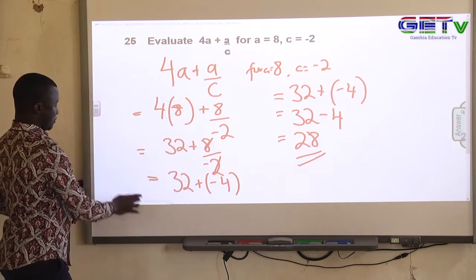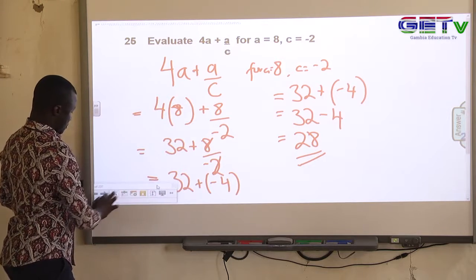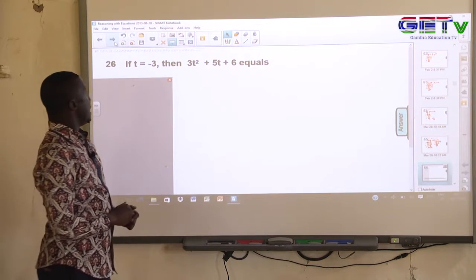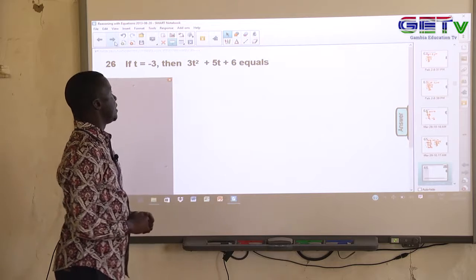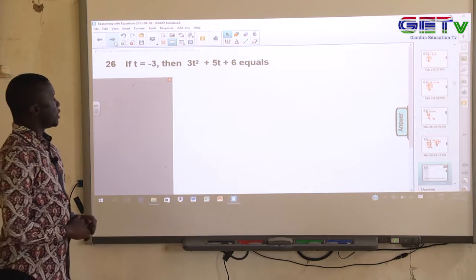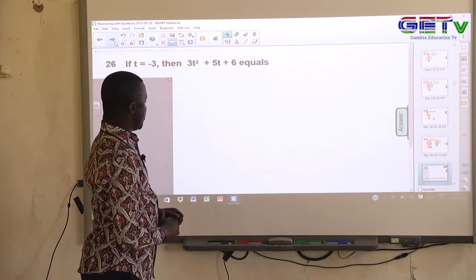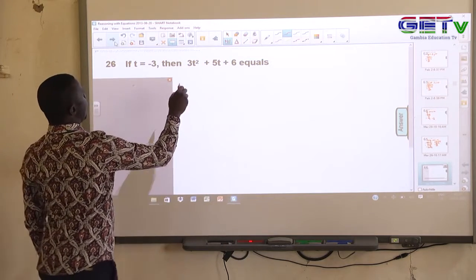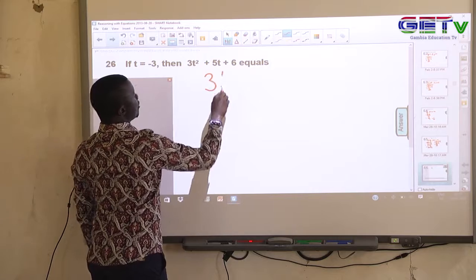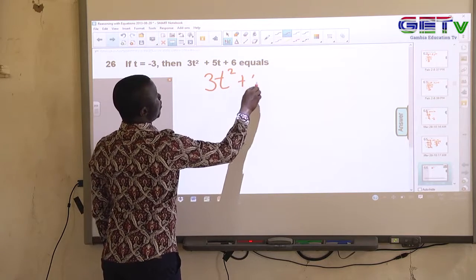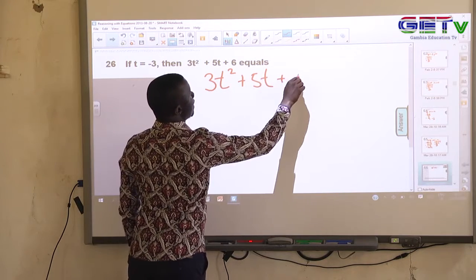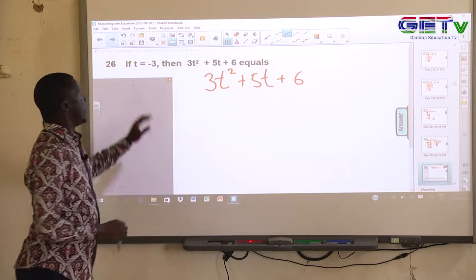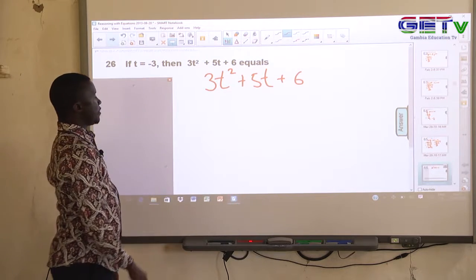Moving to our next slide, we have: if t equals negative 3, then 3t squared plus 5t minus 6 equals what? Let's rewrite our expression, 3t squared plus 5t minus 6. The value of t here is negative 3.